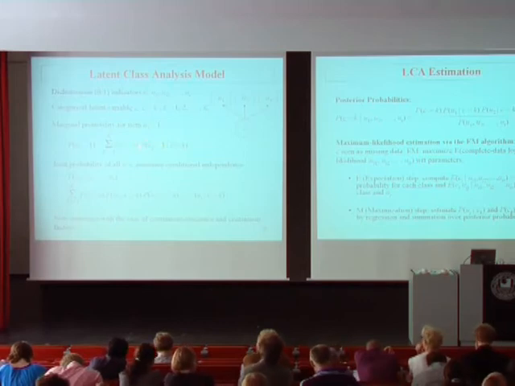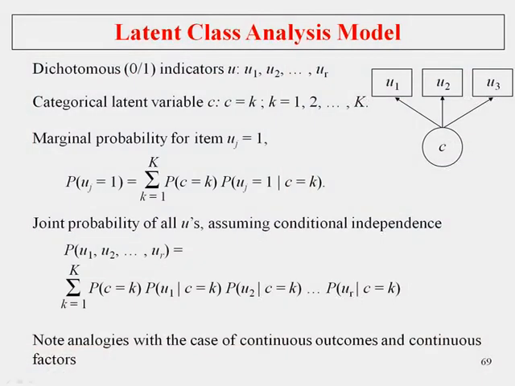And then you sum over the classes to get the marginal probability here. So you can answer U equals 1 when you are in many different classes. So to get the total probability of U equals 1, you have to sum over the classes.